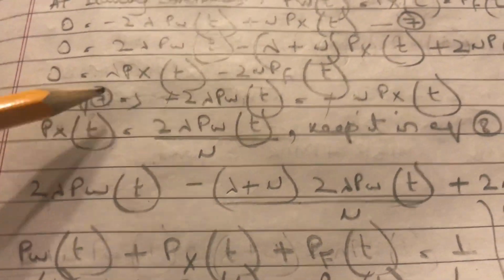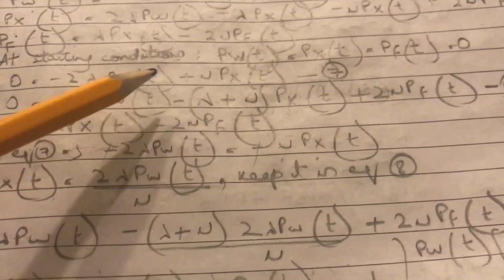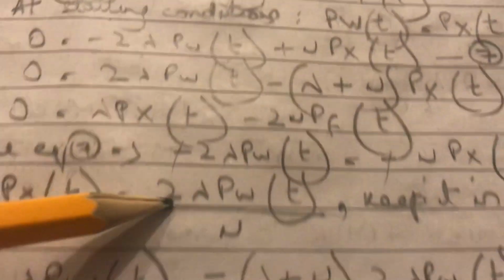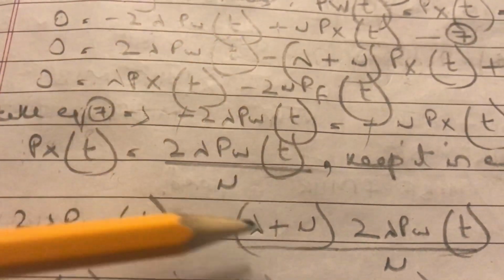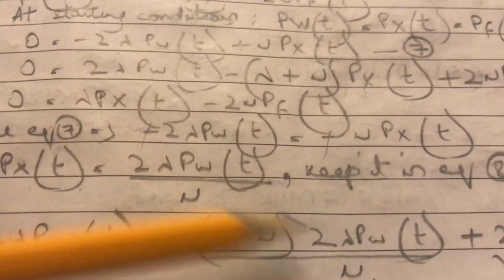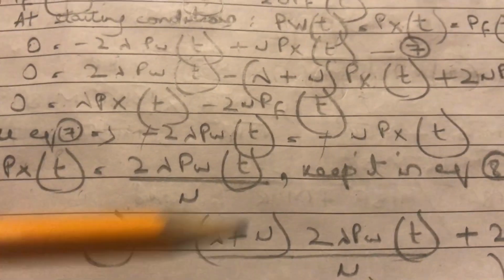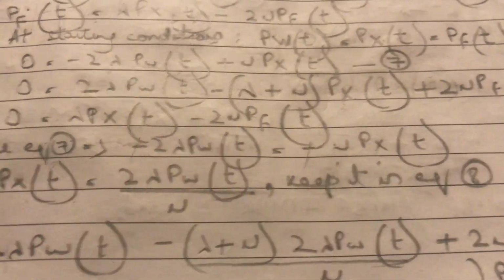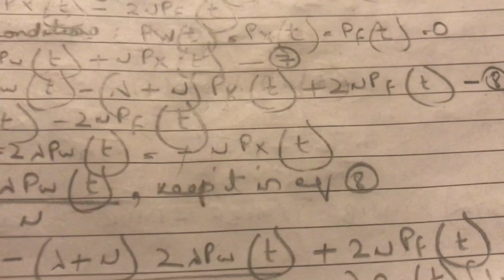So let's see how we are going to do this. We took equation 7. This was a really small equation, and from it we can find the value for px of t. Is everything clear? So how do we find the value of px of t? This goes to the other side, and minus minus gets cancelled, and this mu comes here in division, and the value for px of t becomes 2 lambda pw of t over mu. We keep it in equation 8.